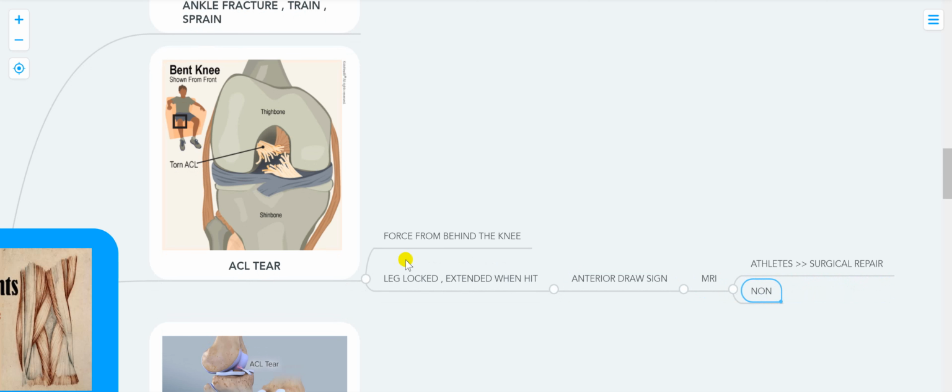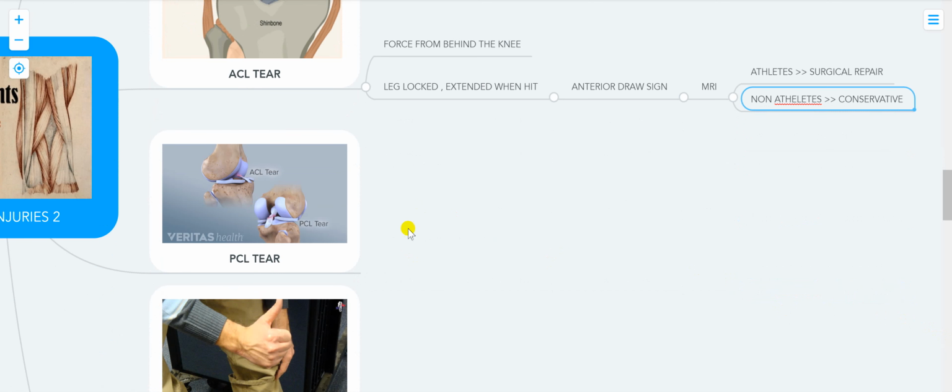If it's a non-athlete, then you do conservative management.